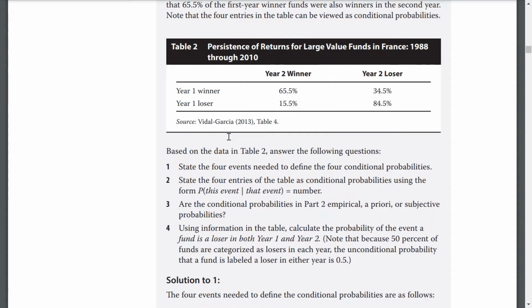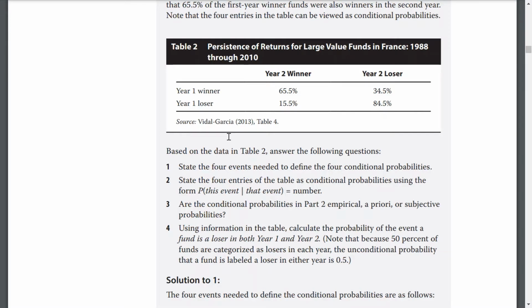Based on the data in Table 2, answer the following questions. 1. State the 4 events needed to define the 4 conditional probabilities. 2. State the 4 entries of the table as conditional probabilities using the form P(this event | given that event) = number. 3.